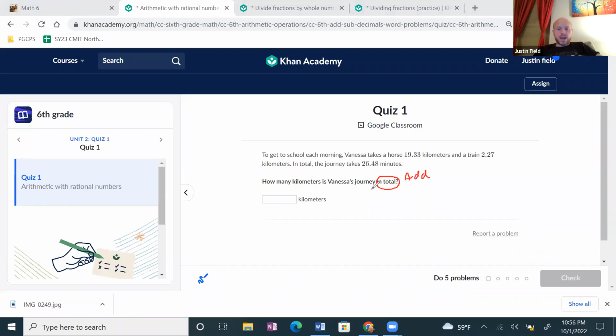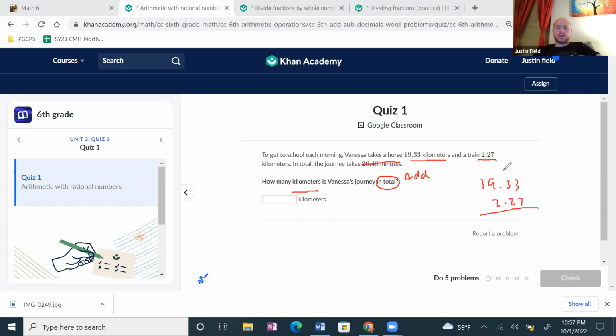Okay, so we want to add the kilometers. So you see the minutes, that is not needed. We have kilometers by horse and kilometers by train on the journey to school. And we know we want the total journey.